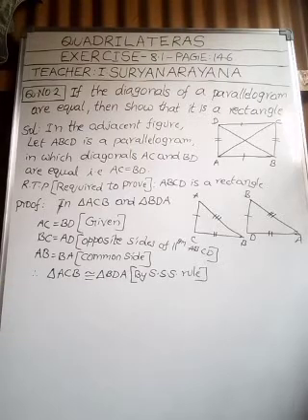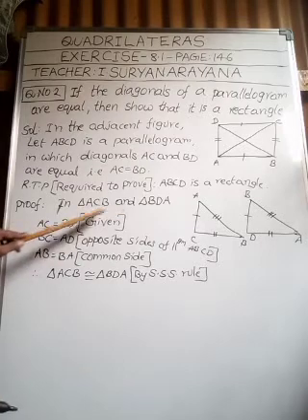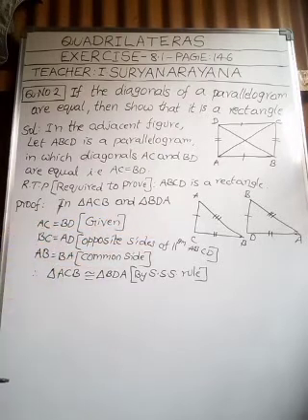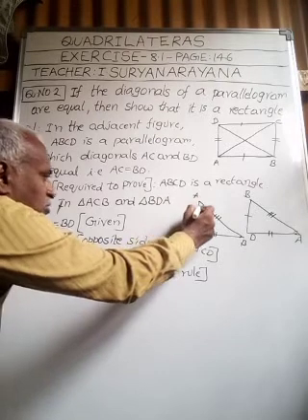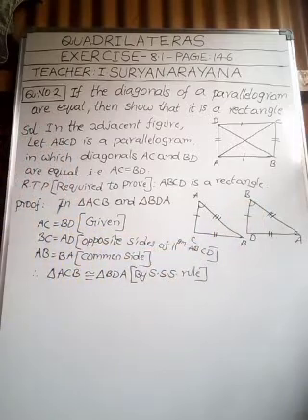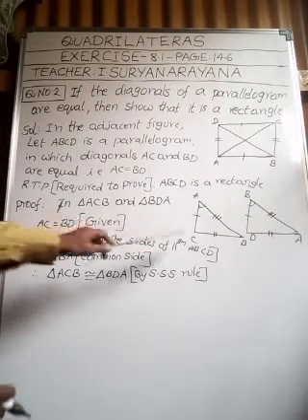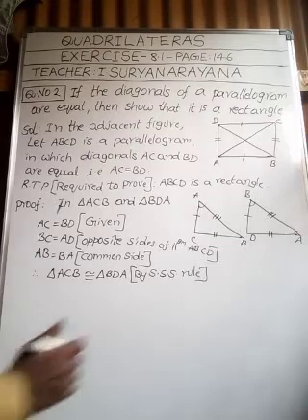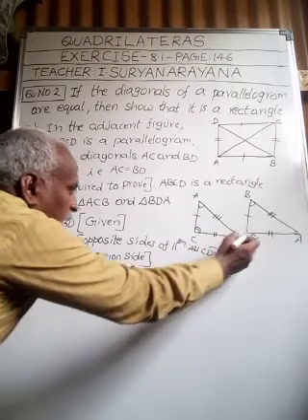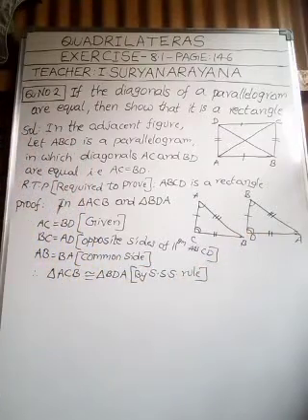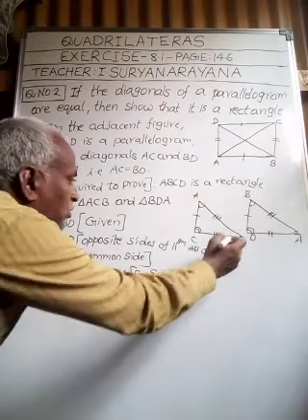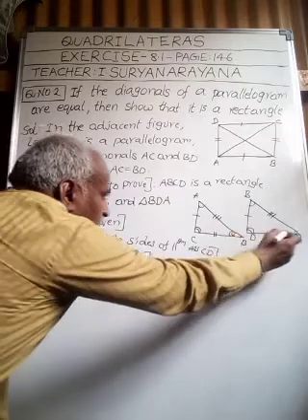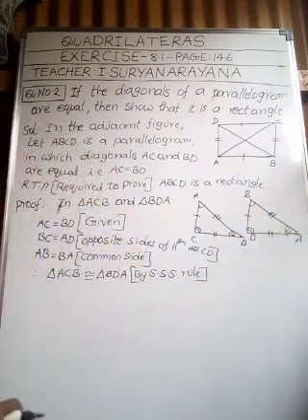Since these two triangles are congruent, the corresponding angles are also equal. So angle A is equal to angle B, means angle CAB is equal to angle D. This angle equals this angle.